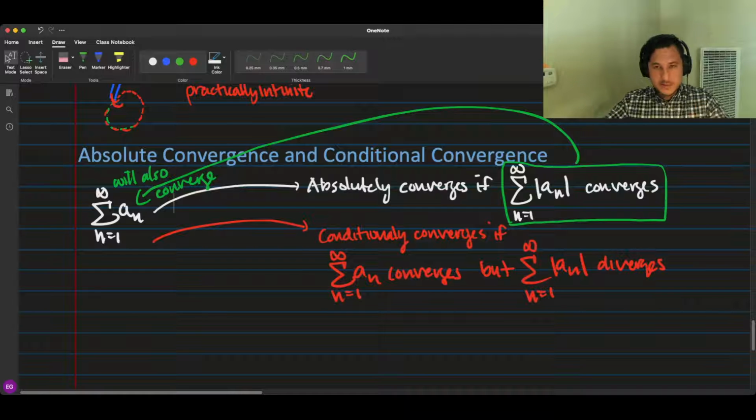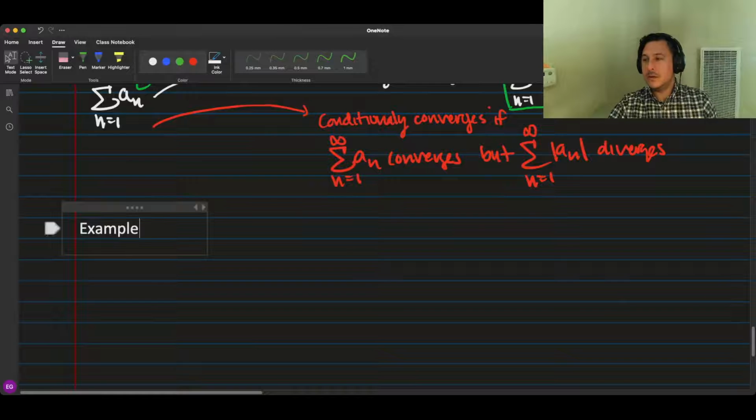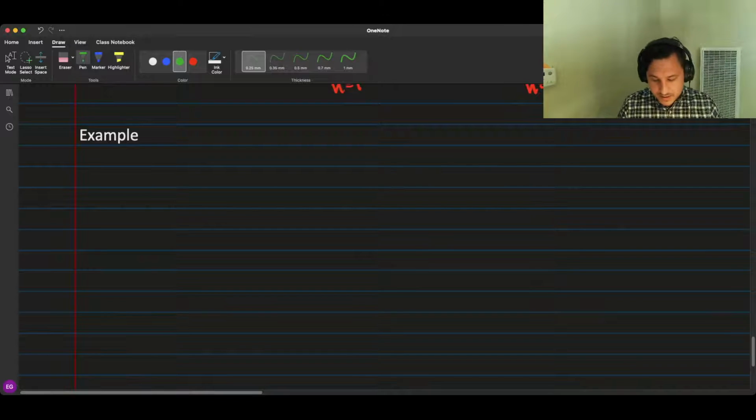Let me show you some examples of when this happens. Let's figure out whether it converges absolutely or conditionally or whatever.